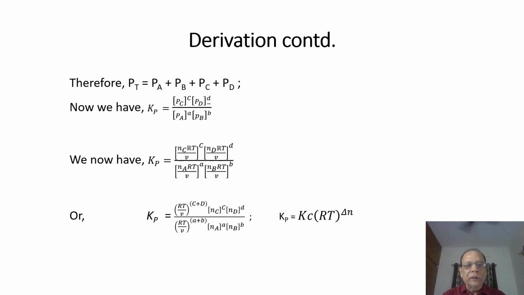We now have Kp as already talked of and shown in the previous slide, nC RT to the power c, V is common, and here we need some correction. It is this correction, it should be like this.